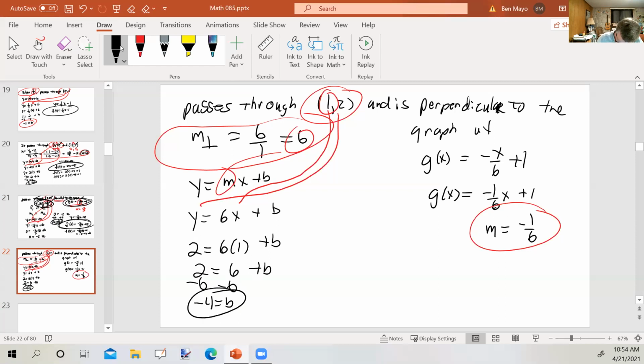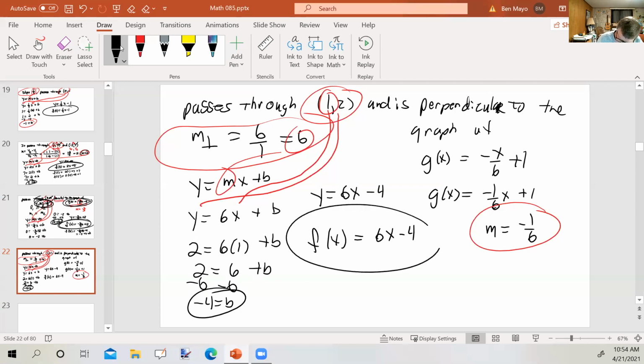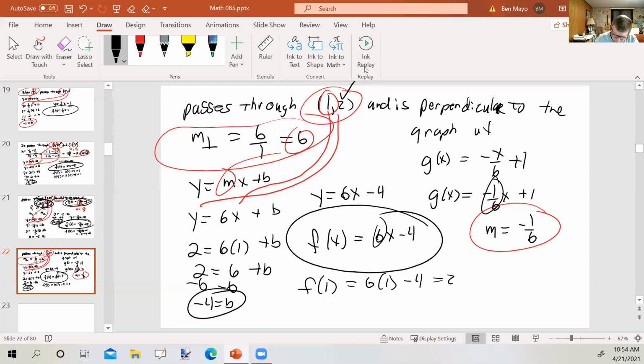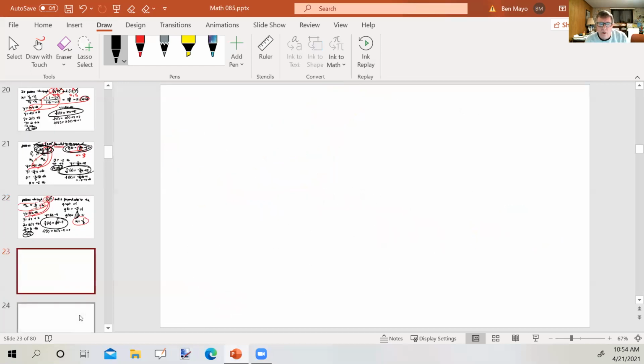So I know the slope is 6 and the y-intercept is negative 4. So f of x equals 6x minus 4. Let's see. Are the slopes negative reciprocals? That and that, yes. If x is 1, f of 1, we get y is 2, so that ordered pair checks.